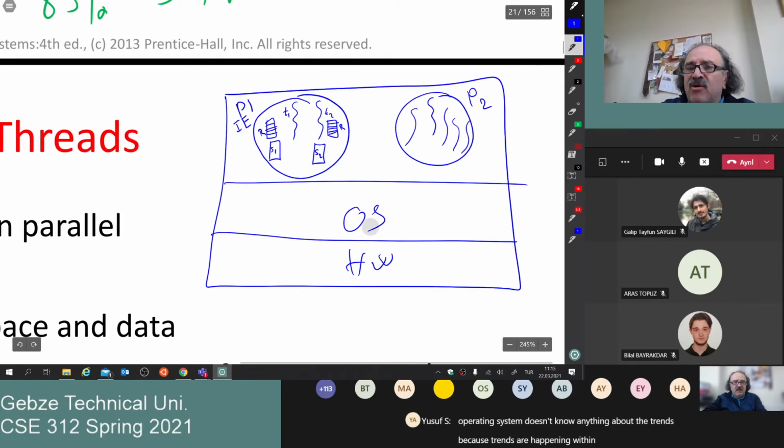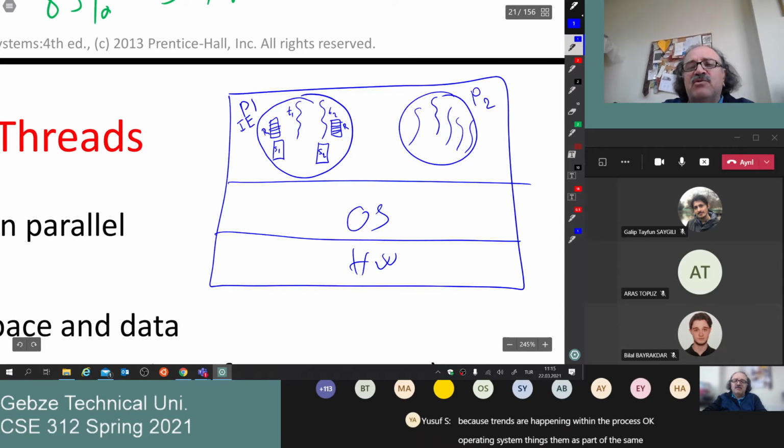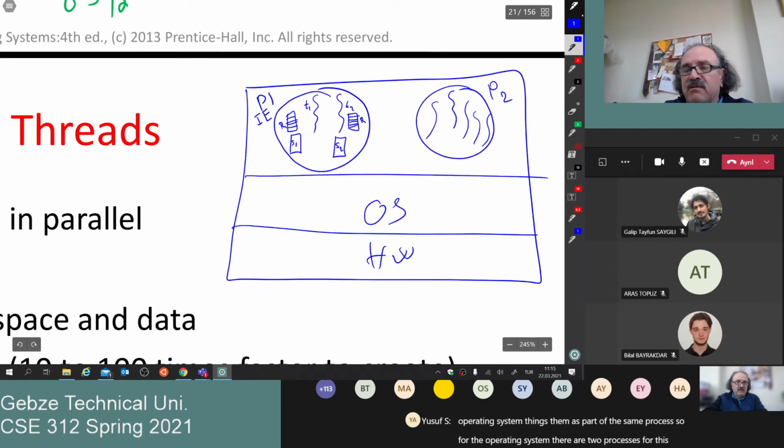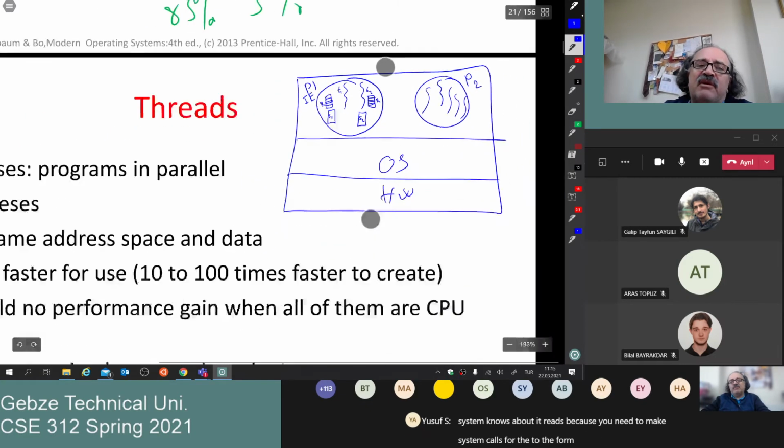The operating system thinks of them as part of the same process. So for the operating system, there are 2 processes for this one. But for some cases it is different. For some cases, the operating system knows about the threads, because you need to make system calls to create threads. But we will talk about them.